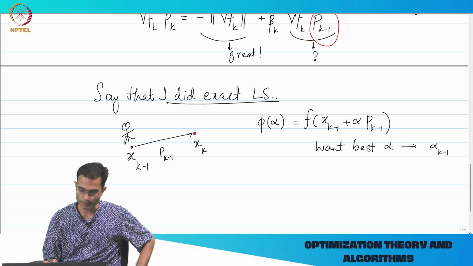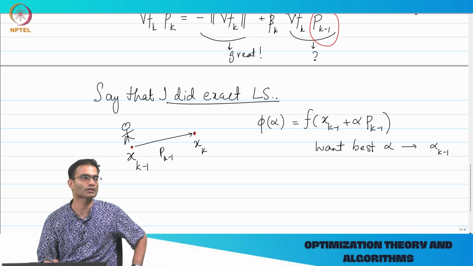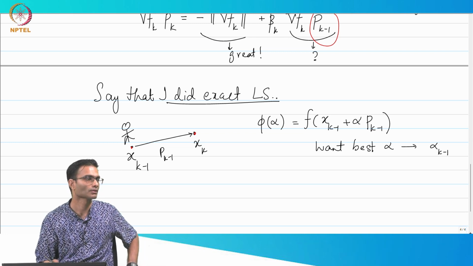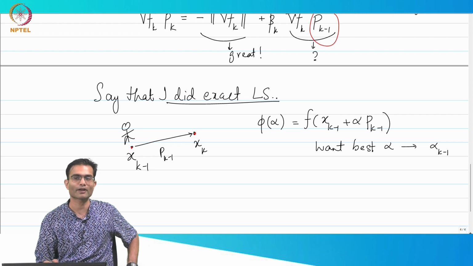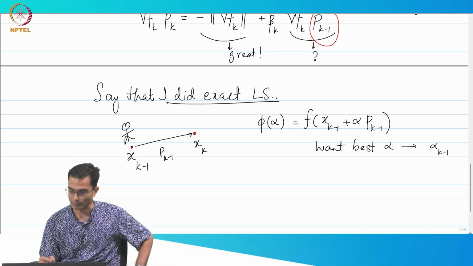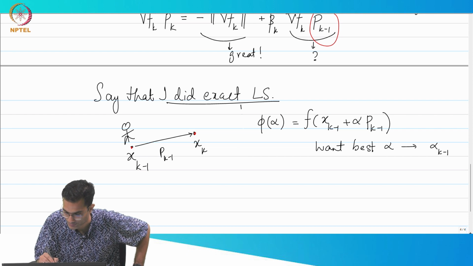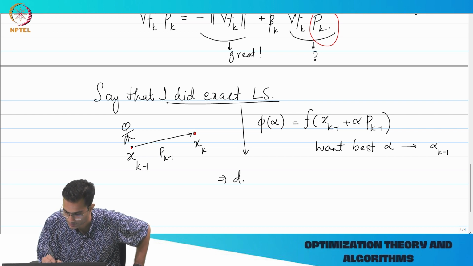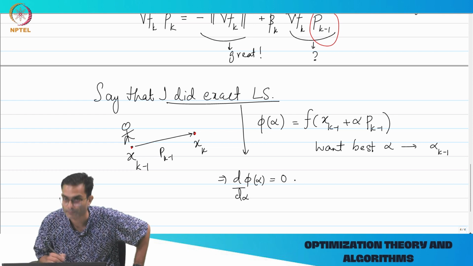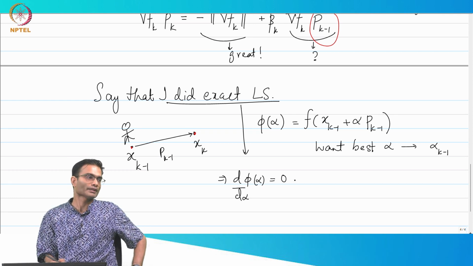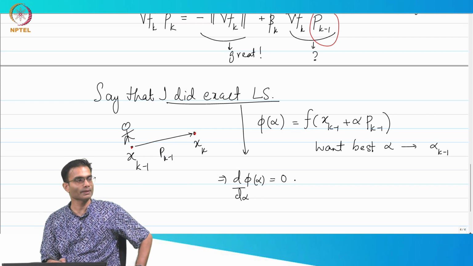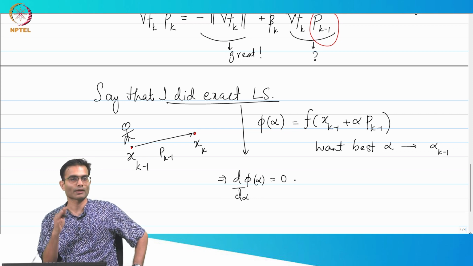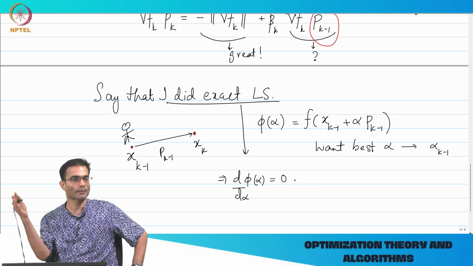Now, what was the defining feature of an exact line search? d phi by d alpha should be what? 0. Right? So if I did exact line search, it would imply that d phi by d alpha should be equal to 0. By multivariate chain rule, what happens to the right hand side? Grad f transpose pk minus 1.